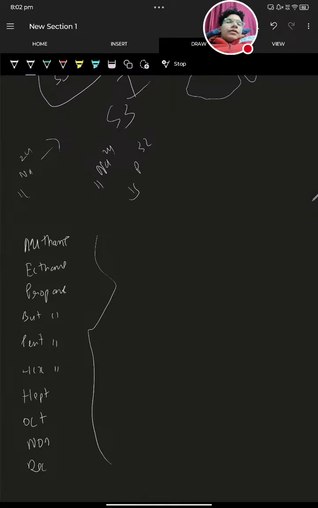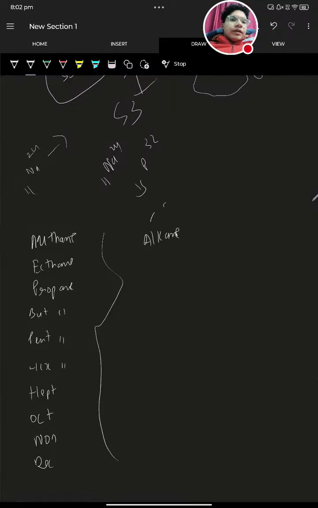Then there is your alkane. These are the, what is that word for that? Hydrogen something. Saturated hydrocarbon. Alkanes are saturated hydrocarbon.